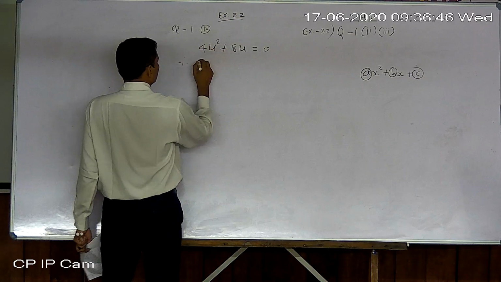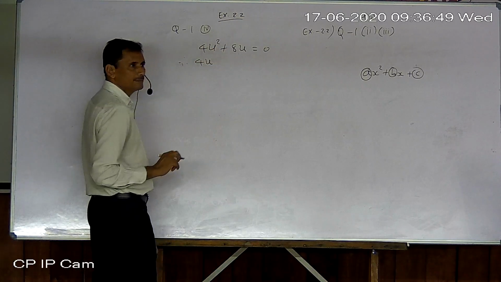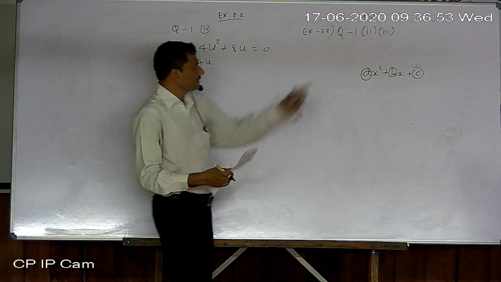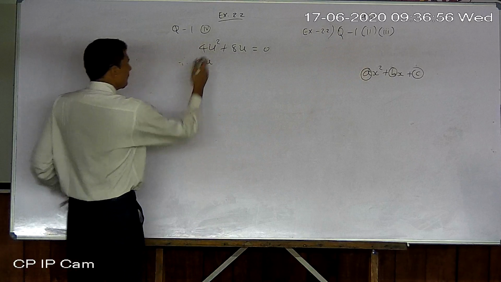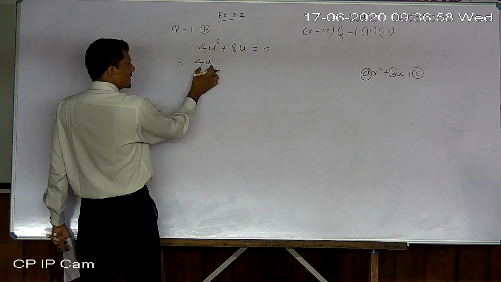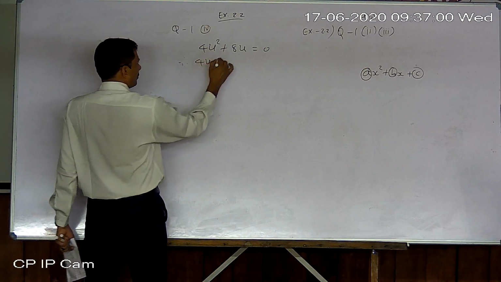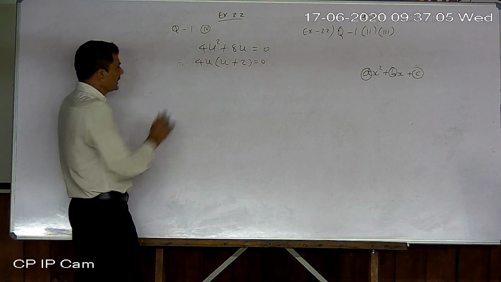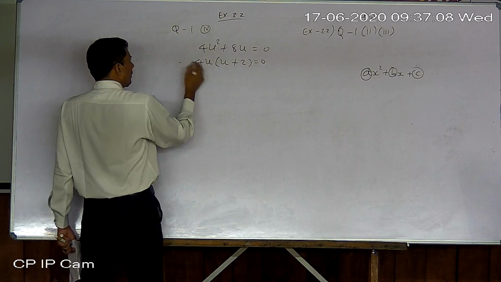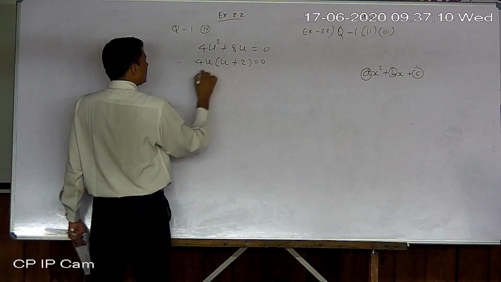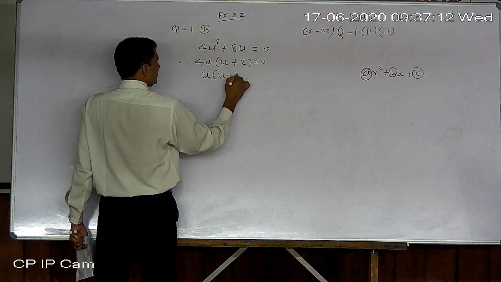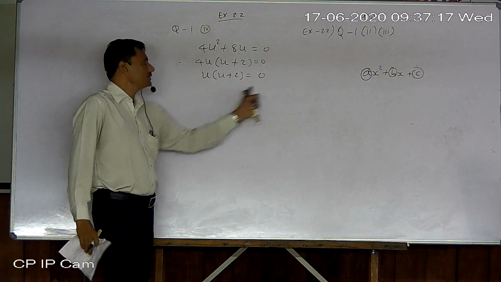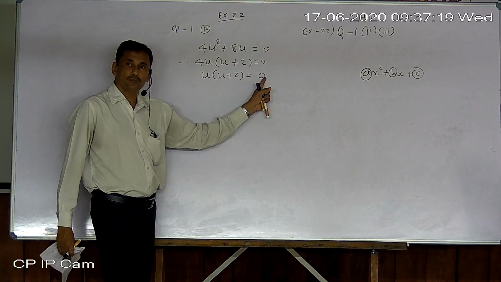Just take common. 4u is common here. This is not a quadratic trinomial, so not like 1, 2, 3. The maximum should be taken as common. So 4u common, here u is left, here 2 is left. Now there is no need of 4 here, so just shift it to that side. So u plus 2 equal to 0 by 4, which means 0 only.